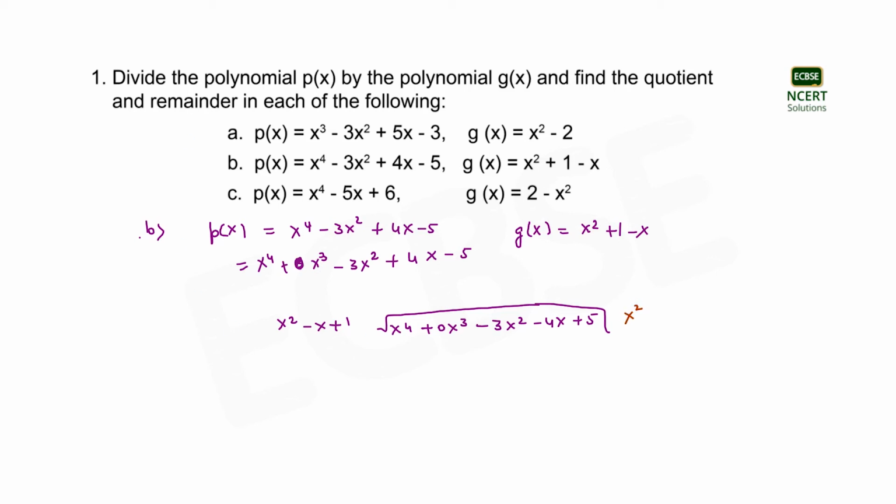Right. So multiplying it with the divisor, here we will get x^4 minus x cube and plus x square. So subtracting it, what we will obtain is x cube minus 4x square.